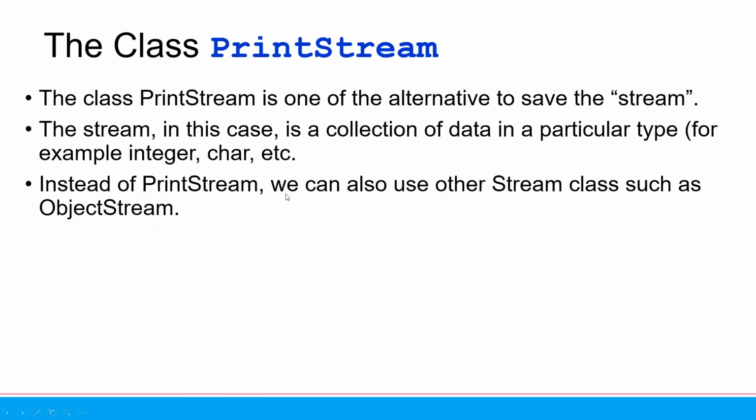The class PrintStream is one of the alternatives to save the stream. The stream in this case is a collection of data in a particular type. So whenever you have your data, you need to check what the data type is, whether it is an integer or a character and so on.